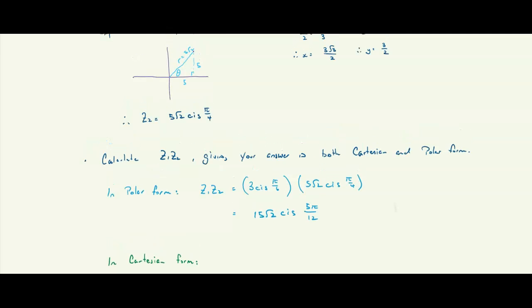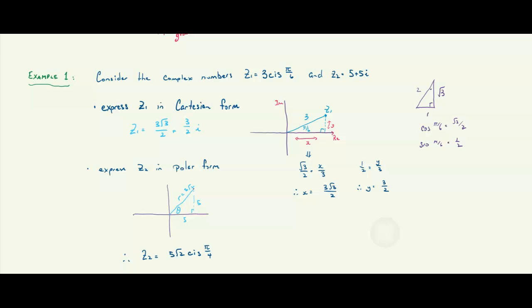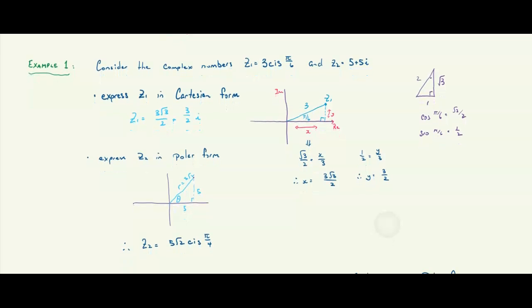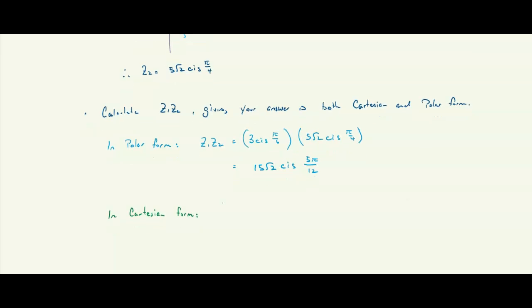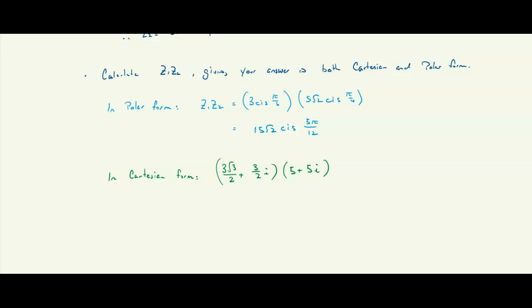Okay, now in rectangular or Cartesian form, we are going to start with them in Cartesian form. So what do we get? Okay, so Z1 is 3 root 3 over 2 plus 3 over 2 i, and Z2 is 5 plus 5i. So just do a distribution here, or a multiplication.